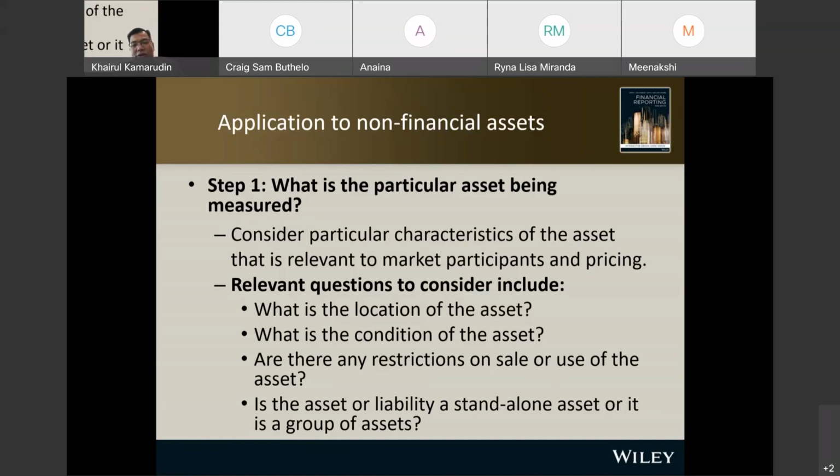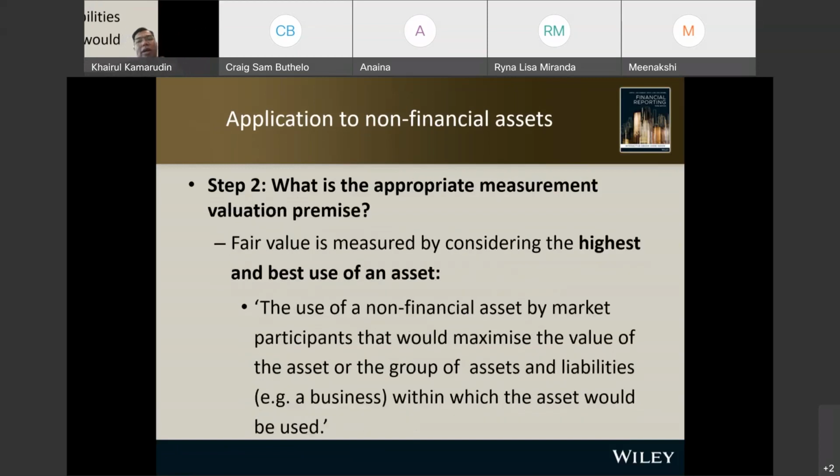So are they going to sell the asset as a standalone unit, I'm selling the engine only, I'm selling the cockpit only, or are you going to sell it as a group of assets? Same goes for the building. Are you going to sell your house as a unit, or are you going to include all the furniture and all the things inside the house? Is it a group or standalone assets?